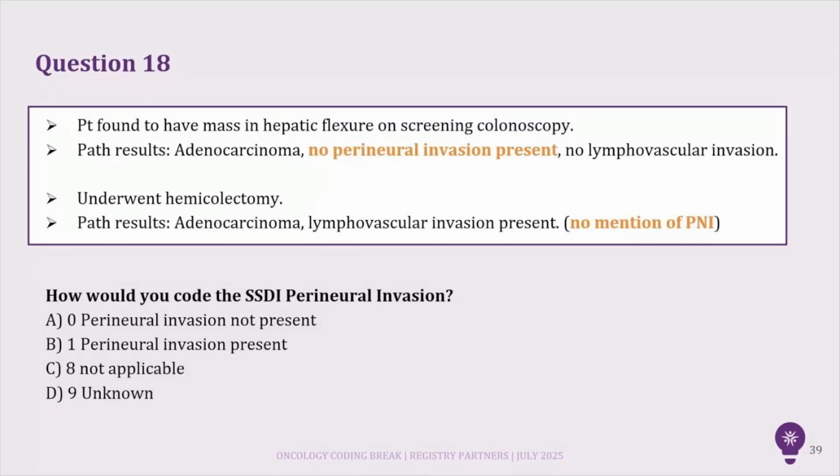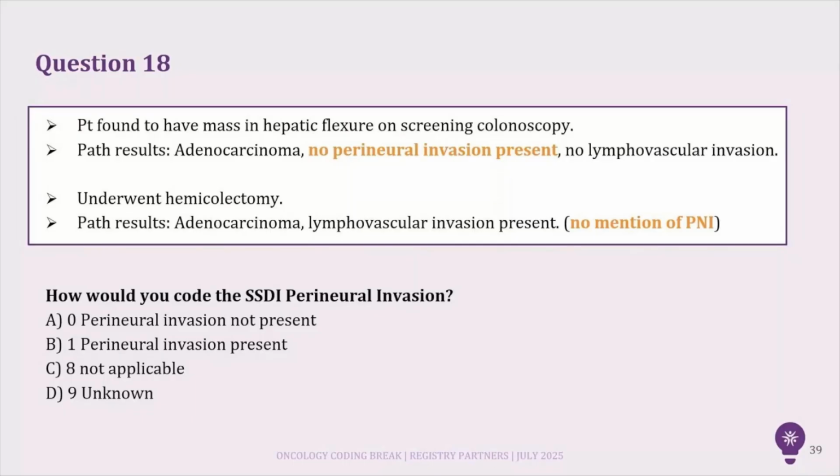Okay, a few more seconds. Okay, here are the results. And let's look at it. So we have specific instructions for coding perineural invasion for colon.